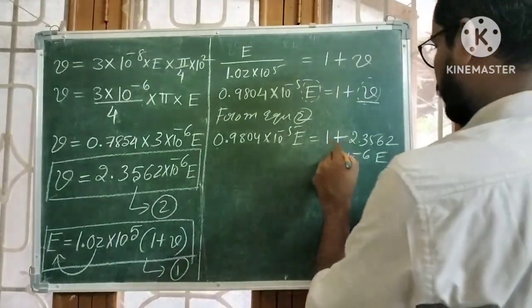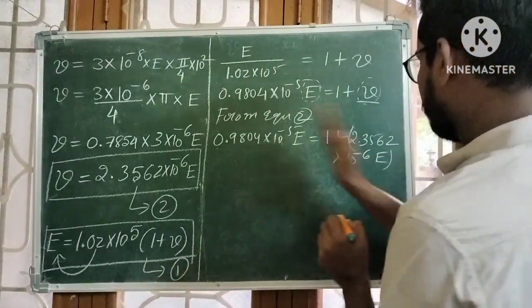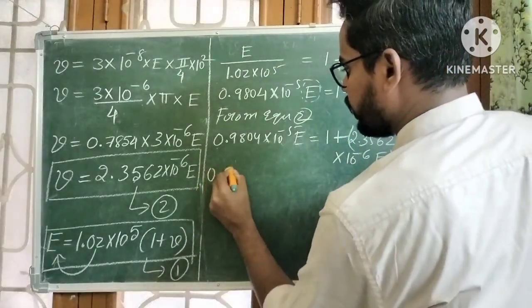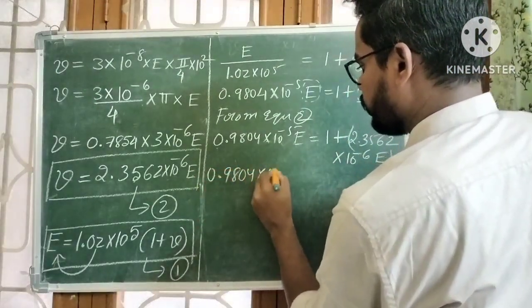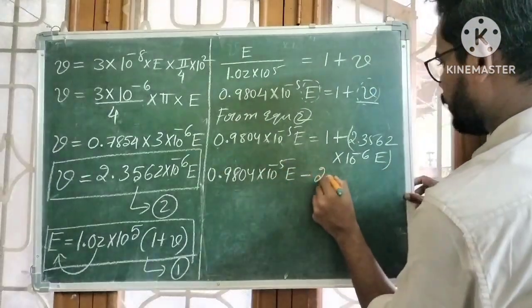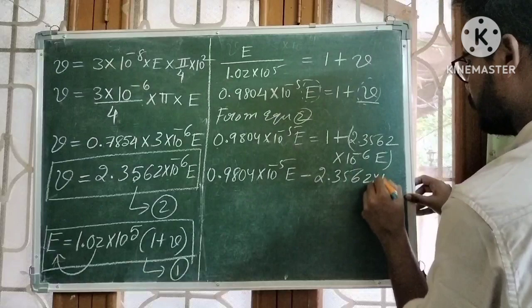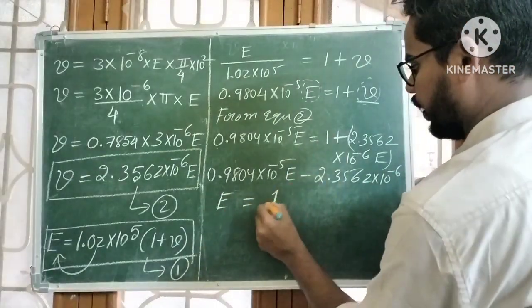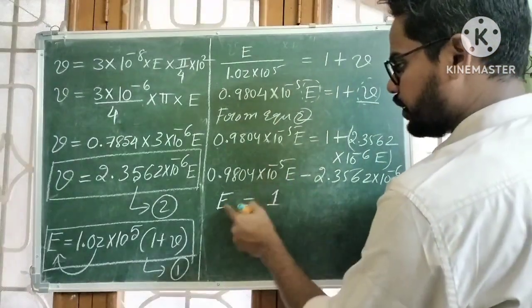Now transpose this term to the left hand side. Positive term becomes negative term. 0.9804 into 10 to the power of minus 5 E minus 2.3562 into 10 to the power of minus 6 E is equal to 1. So here what is the common thing? E is common.